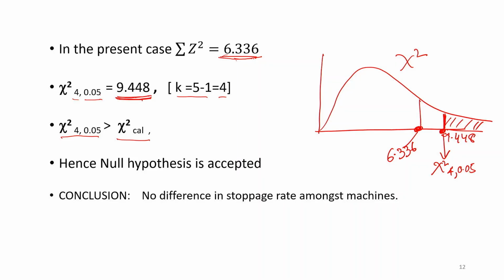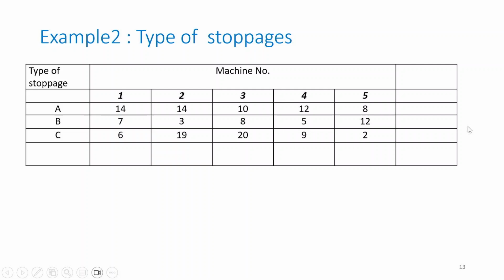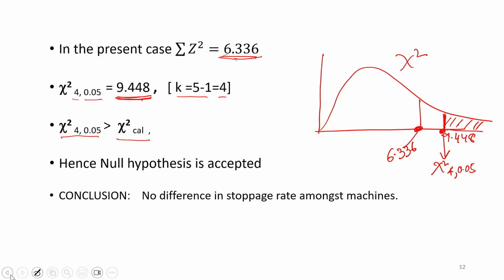So it is not going beyond this. The level of significance basically means this area is 0.05. So it is below this. It has not crossed.